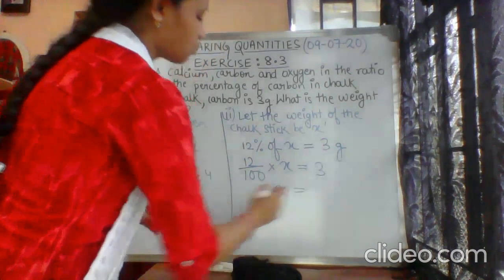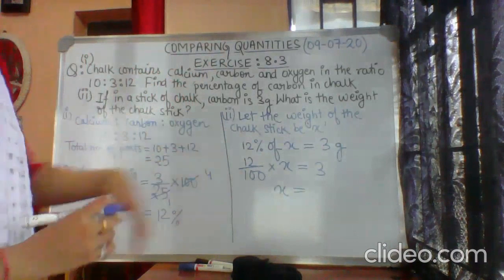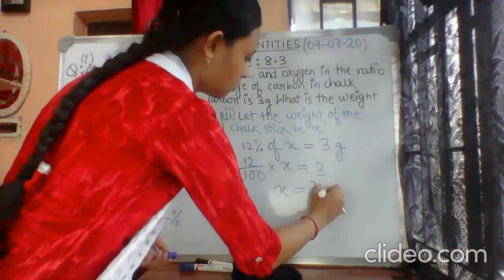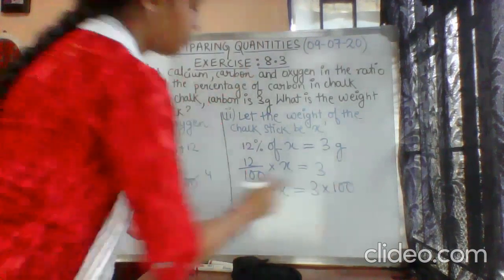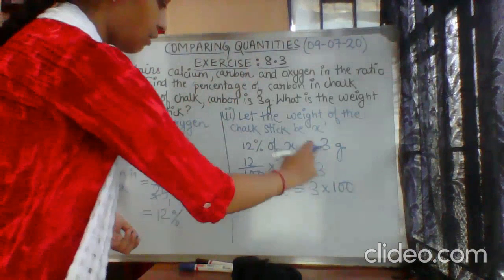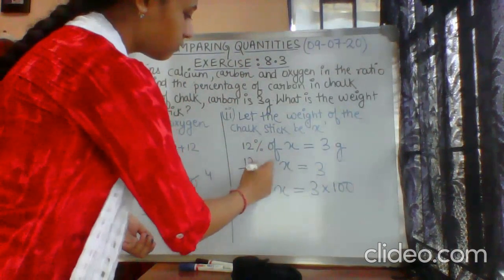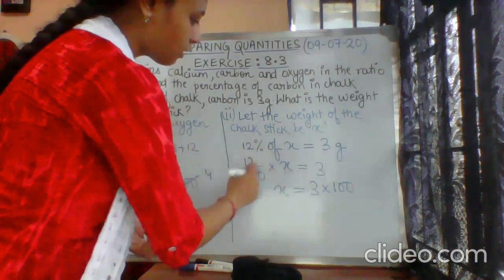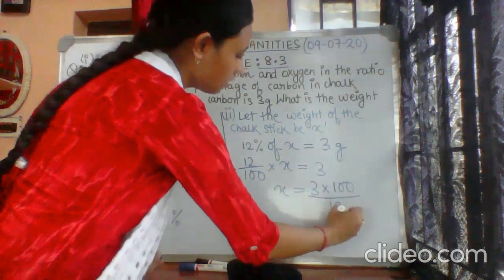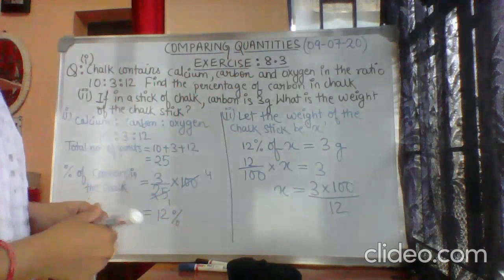Now, equals to. Now, 100 is in the division form, so we can take it to the multiplication form with 3. We can multiply 100 with 3 after changing the sign, and 12 in the multiplication form with x. So if we change the sign, it will go into the division part.